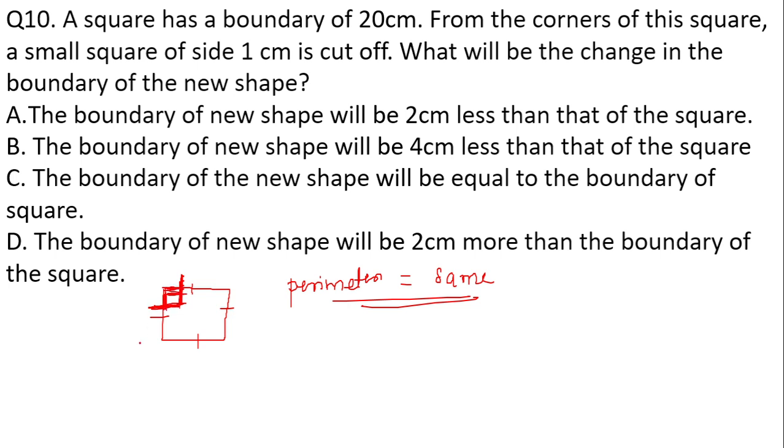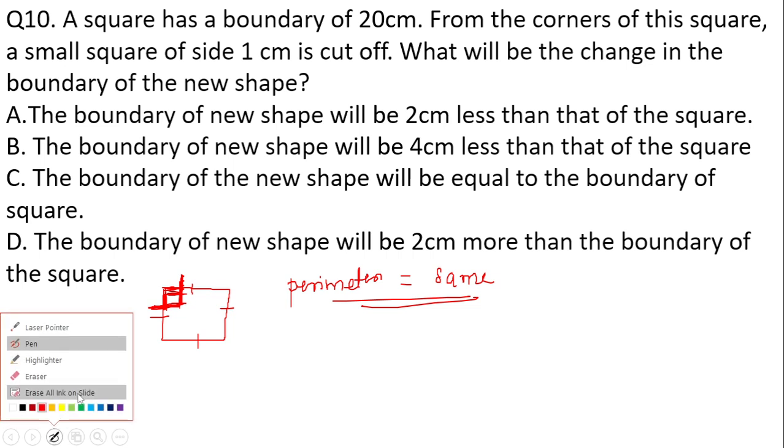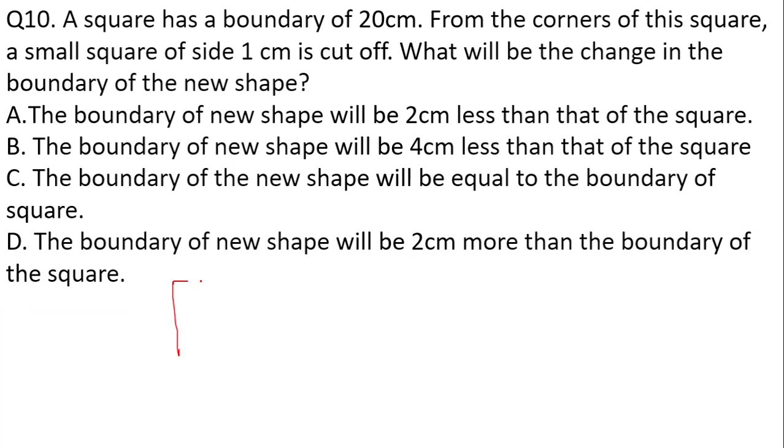Okay, so if I rub this out, I'll draw a big diagram. Now here all the sides of the square are equal. We know this part. The second thing is, if we start cutting a small square out of this larger one, now look here, this particular side and this particular side are equal. The four sides of a single square are equal, so this is also going to remain the same.